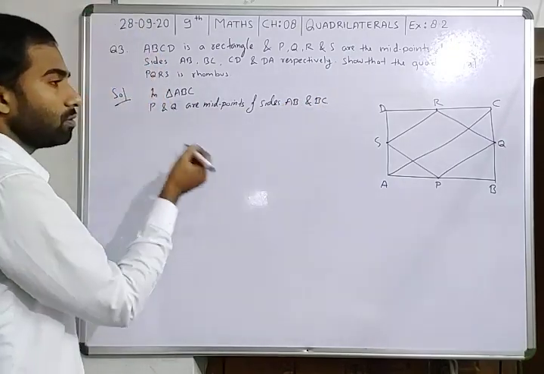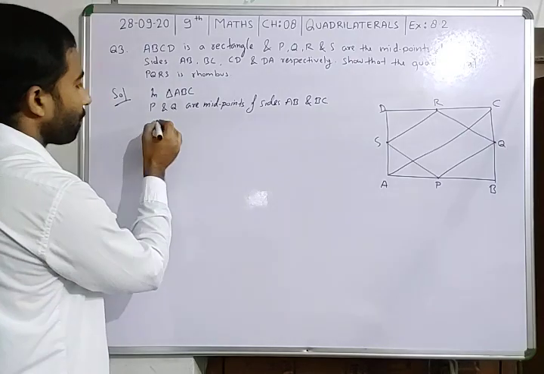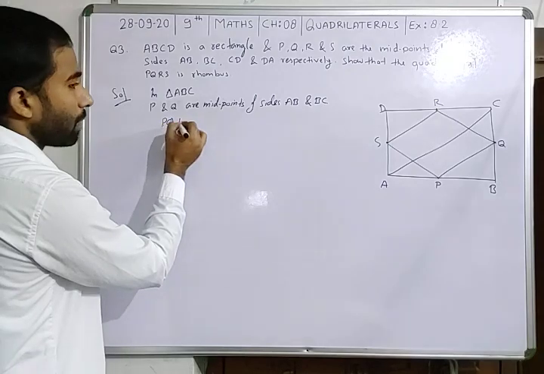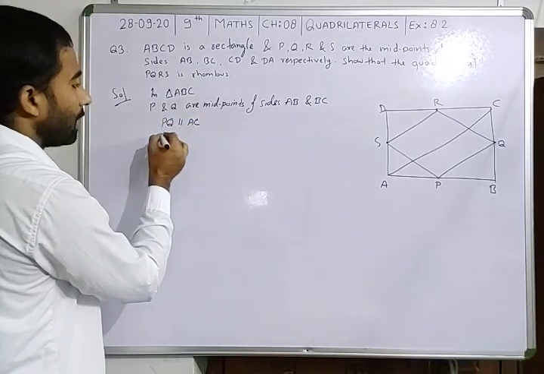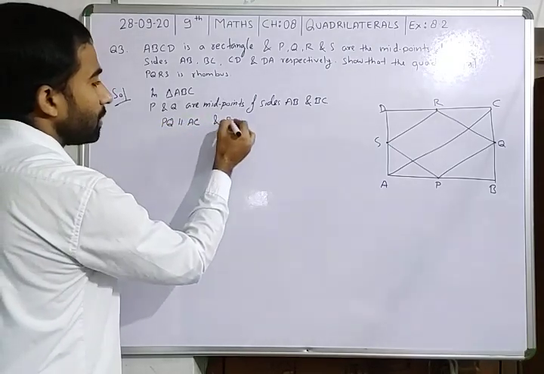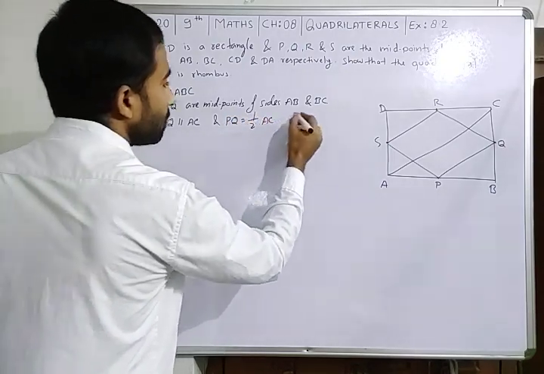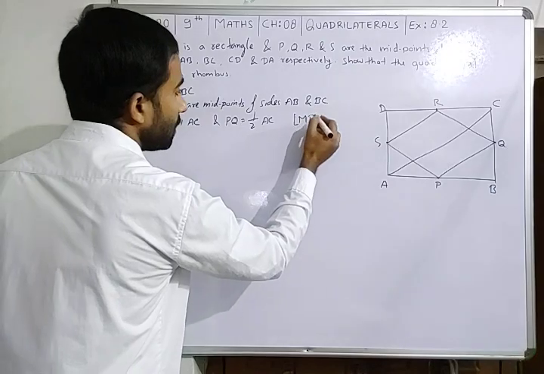So we can write here PQ is parallel to AC and PQ is equal to half of AC by MPT, the midpoint theorem.